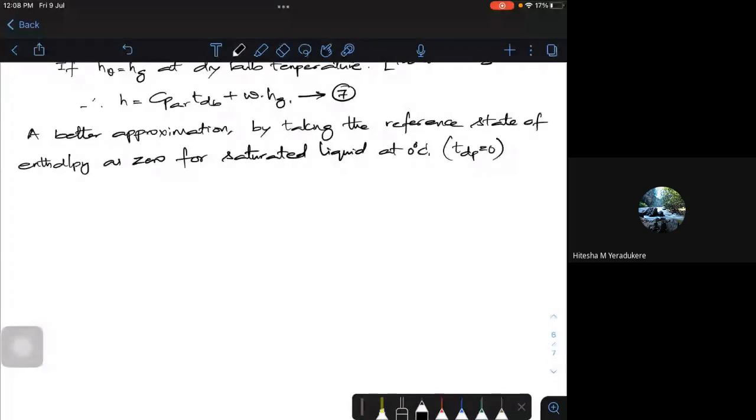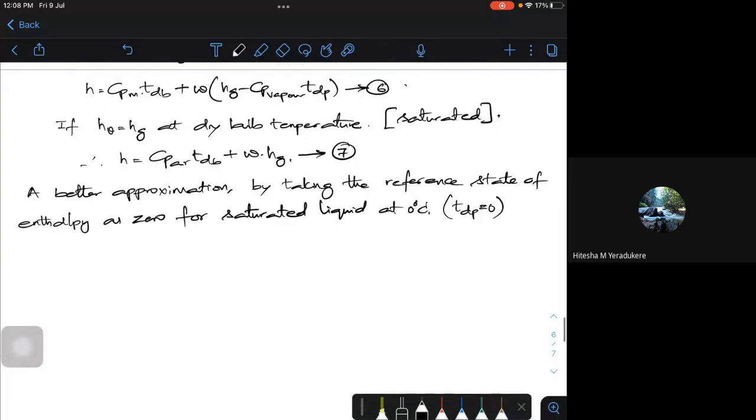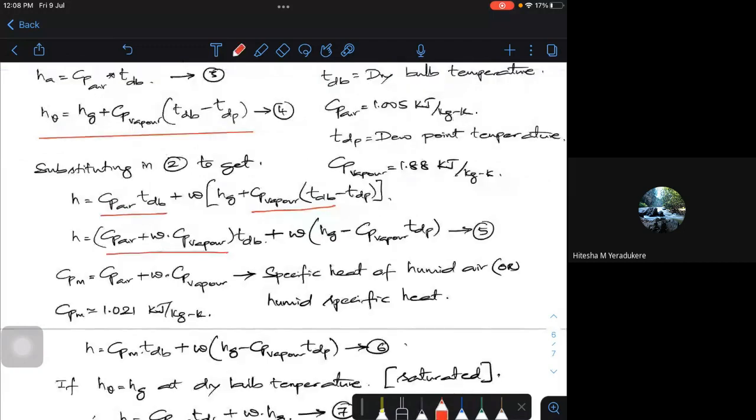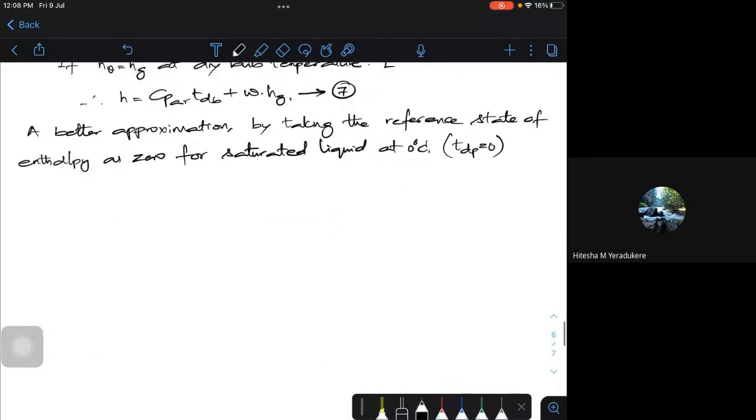Are you getting it? People like Carrier, all those air conditioning people, have tried this. By taking my dew point temperature as 0, I'll be able to do a better approximation with the latent heat value, that is Hg, equal to 2500 kilojoules per kg.